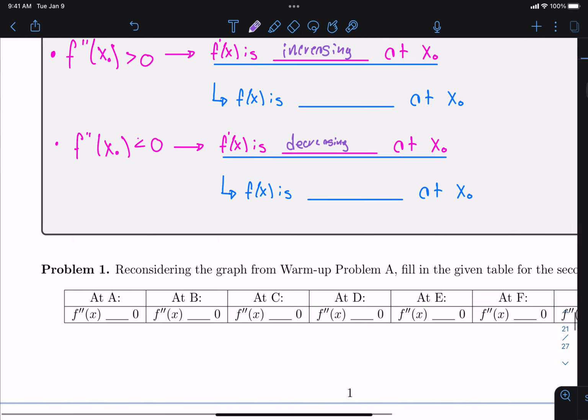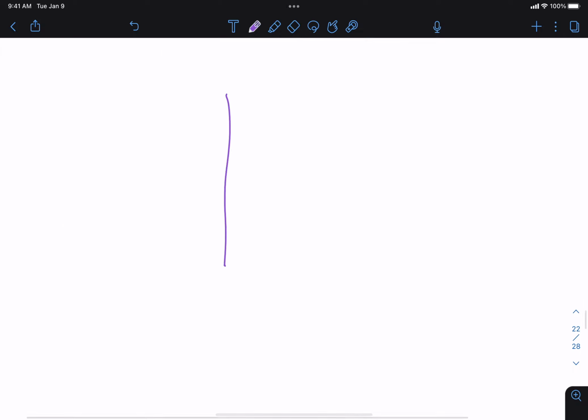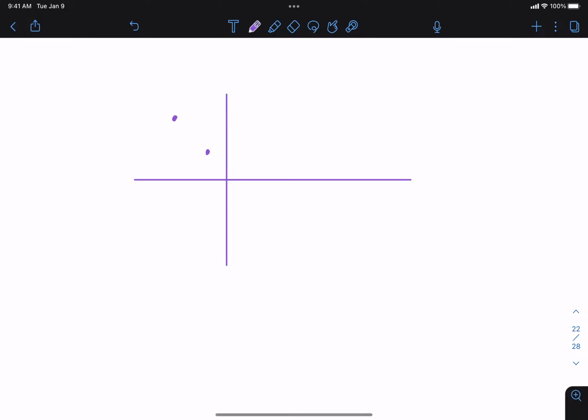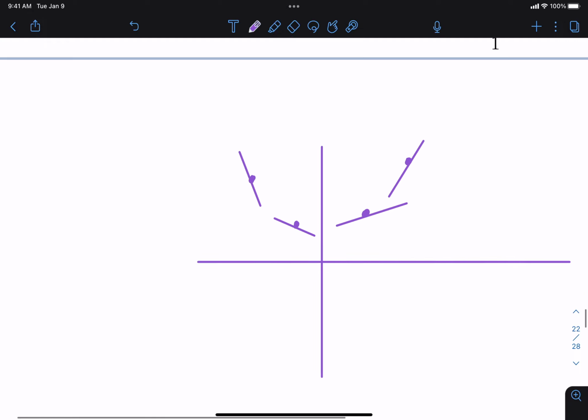Well, let me draw a picture to help you see what I mean. So let's say I did some tangent lines at some random spots, and these are the tangent lines that I saw. One looks like this, and then one looks like this, and one looks like this, and one looks like this, right? So what's happening?